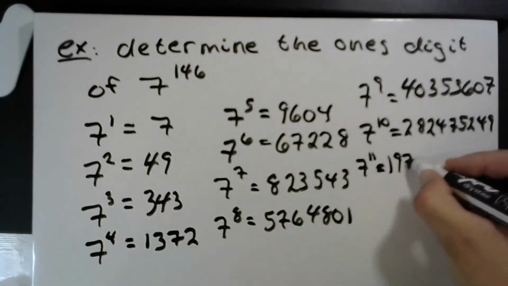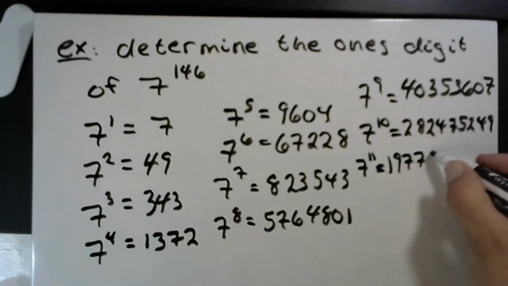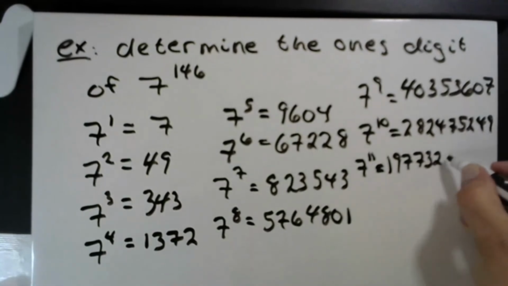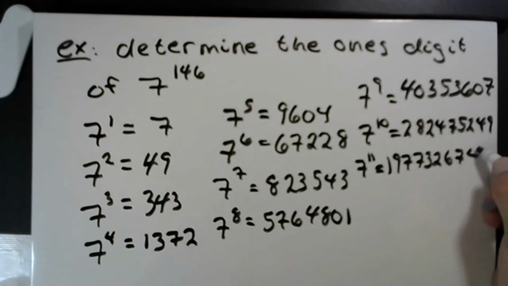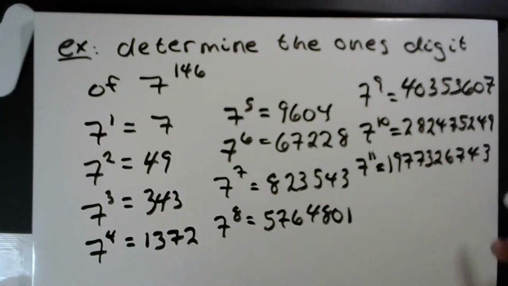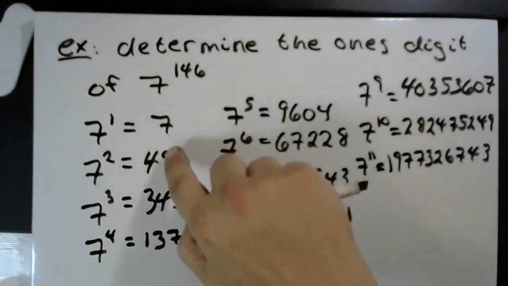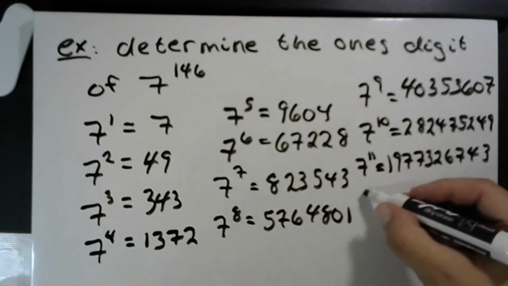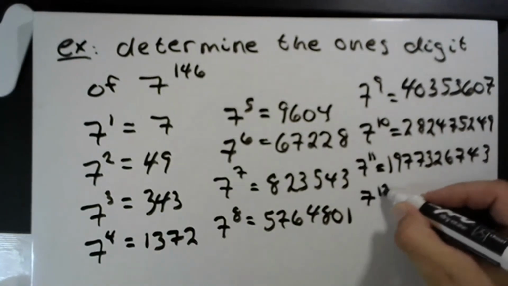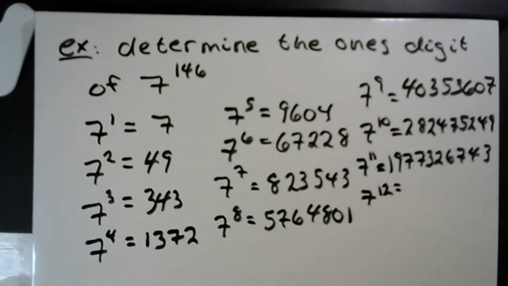Is it a 3? Yes, it's a 3. So 793. 7 to the 12.